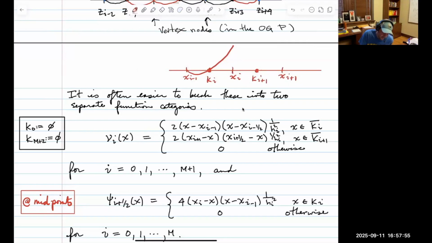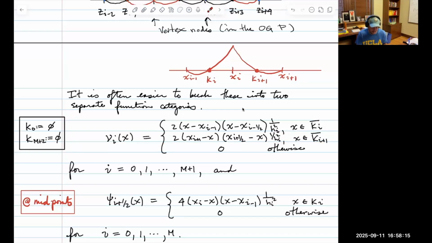So this part over here, according to that line, is engineered so that it looks like this. See if I can draw a good version of that. Okay, and then it's 0 everywhere else. That's exactly what this function is doing.